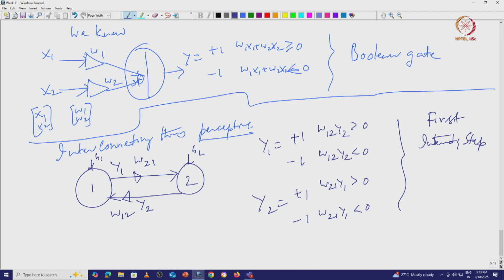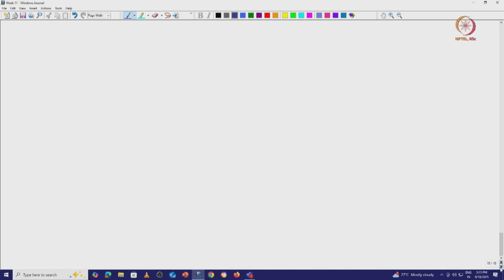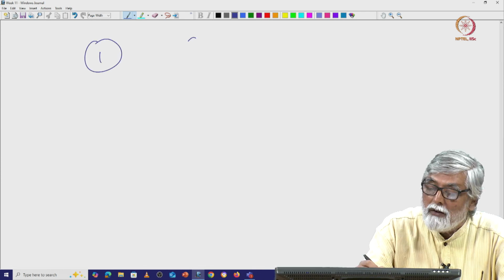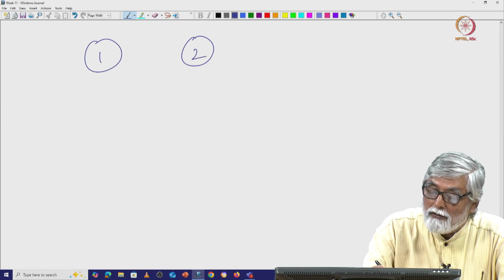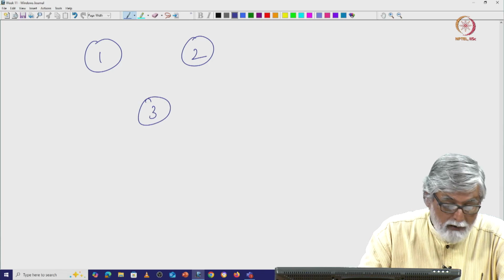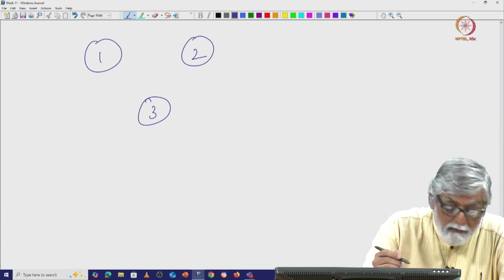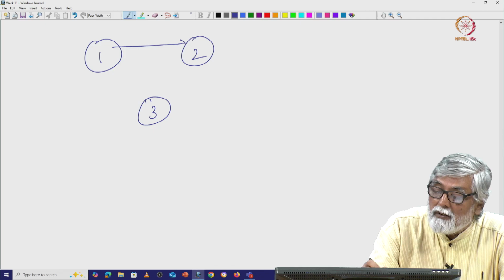Each can have its own activation function. Those are more details, we will not get into that. This is interesting because it gives you complete clarity when we do something better. We now have perceptron 1, perceptron 2, and a perceptron 3. These are not 3 layers, it is connected.